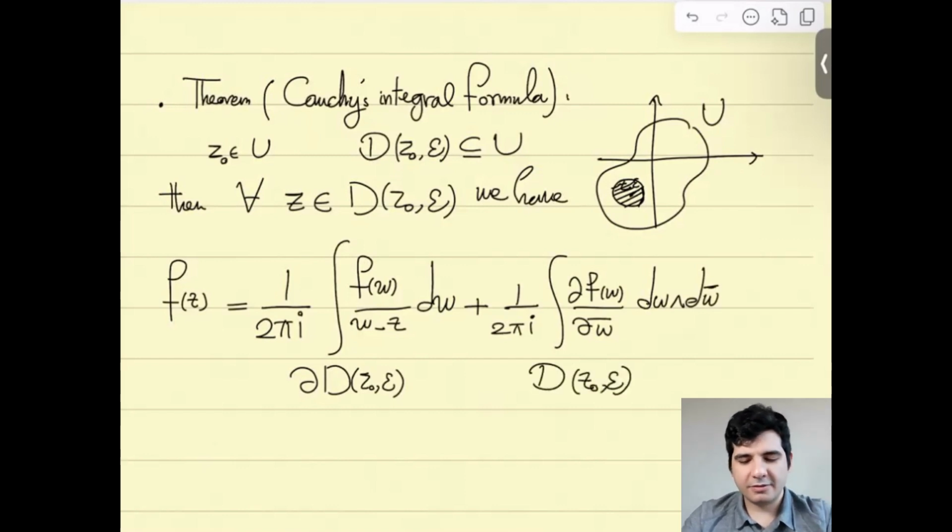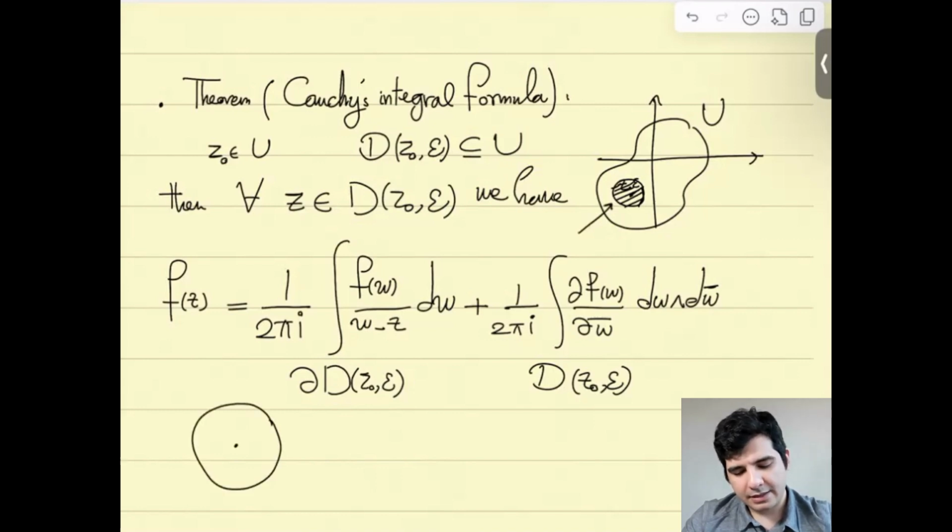Okay, so this formula needs an explanation. This might look a bit scary, but it's not. Let's look at this disk here. The center is z_0, and it has radius epsilon. The boundary means this one-dimensional circle, not what is inside, only the red bit.